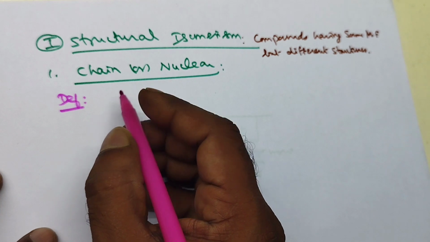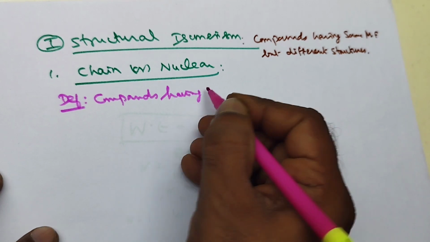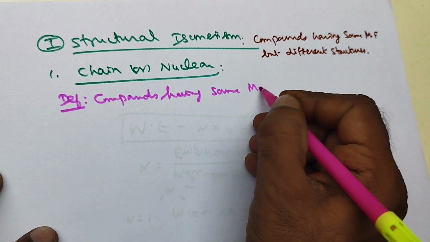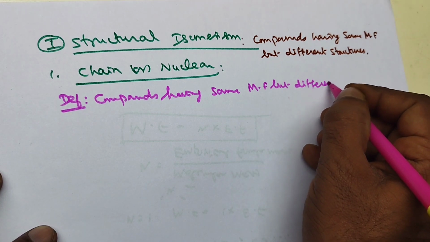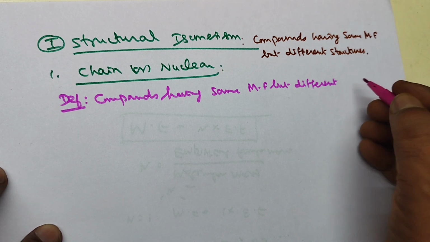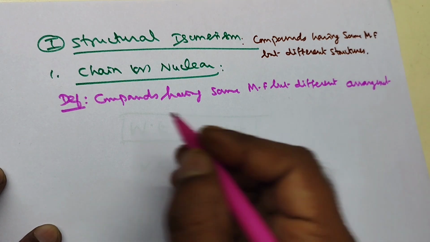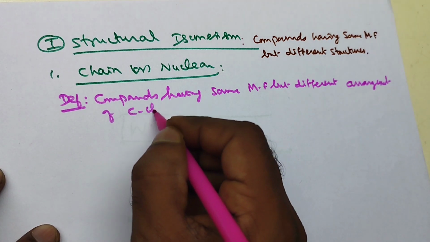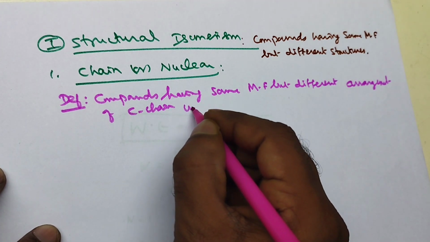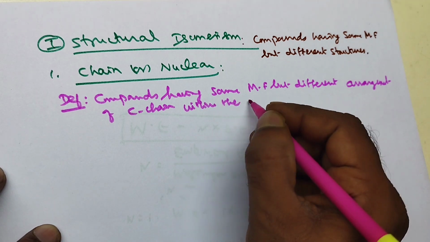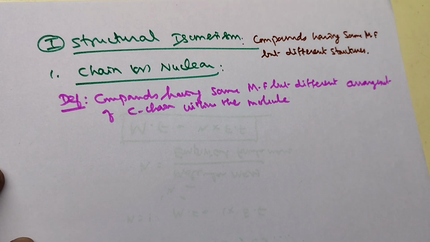We can write the definition first: compounds having the same molecular formula, MF, but different arrangement of carbon chain within the molecule, called chain isomerism.